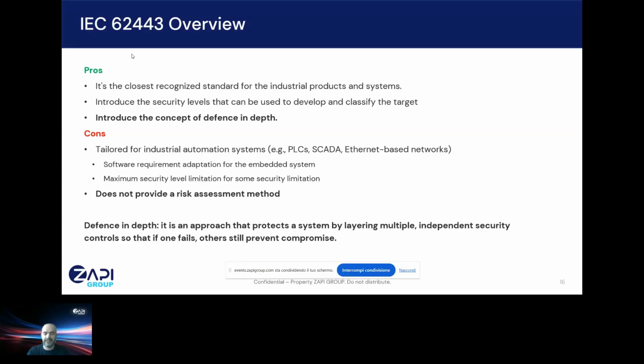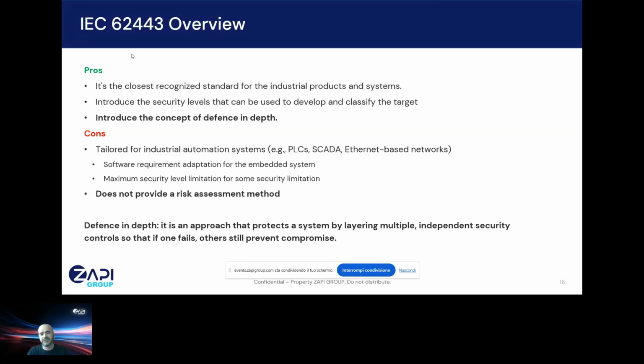So typically, if a manufacturer wants to use the 62443, and this is not mandatory, they need to take the cybersecurity requirements defined by the 62443, check them one by one, and try to adapt them for the embedded product that they need to develop.